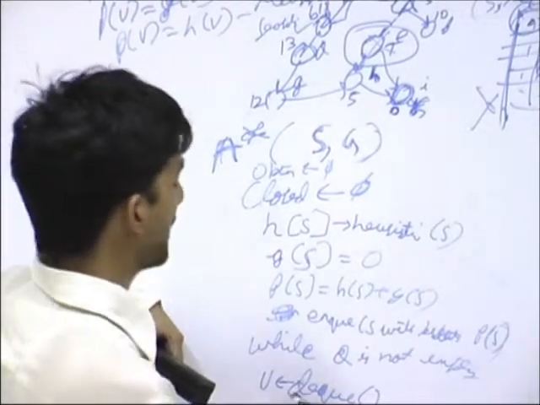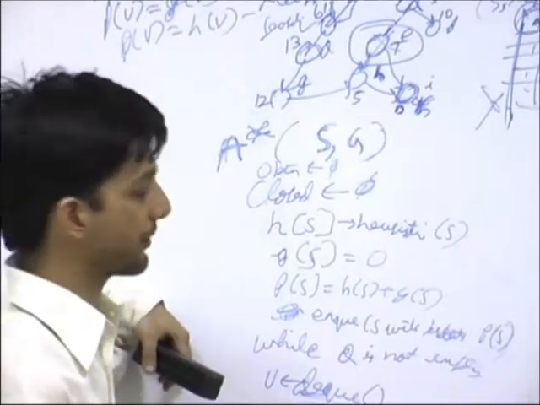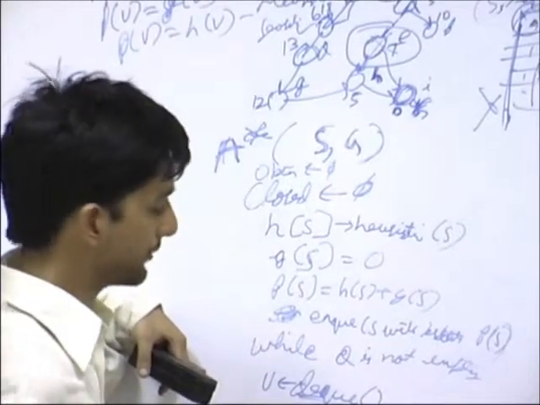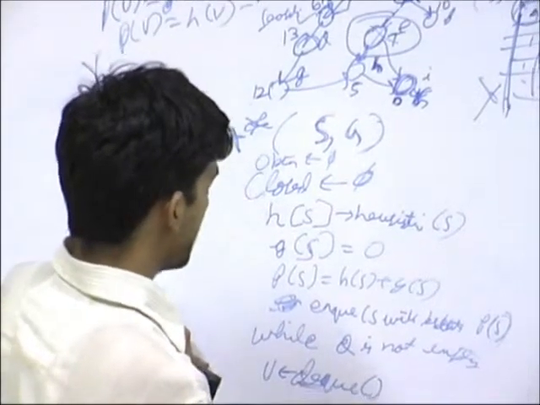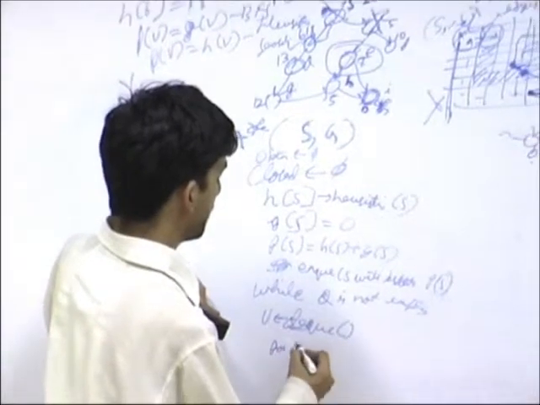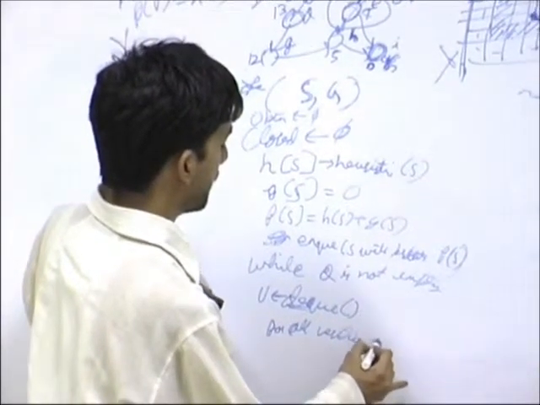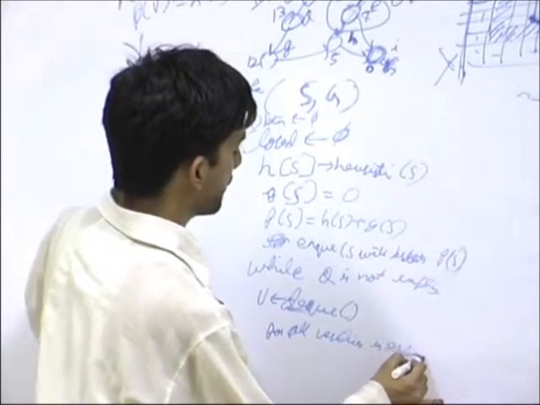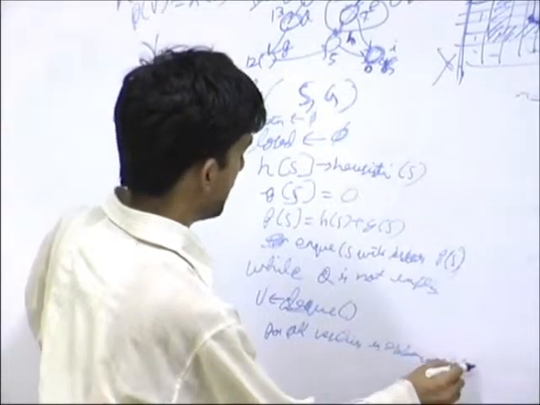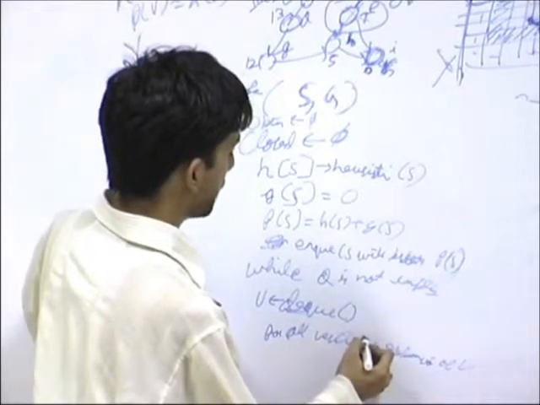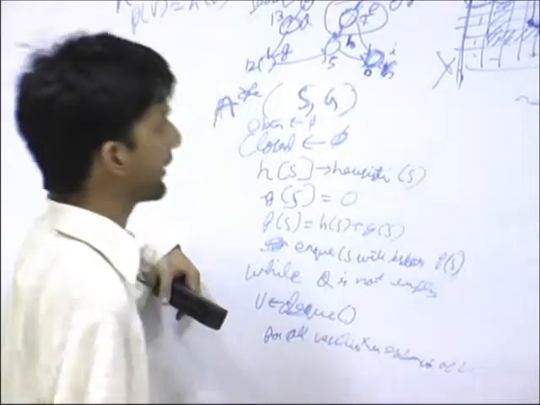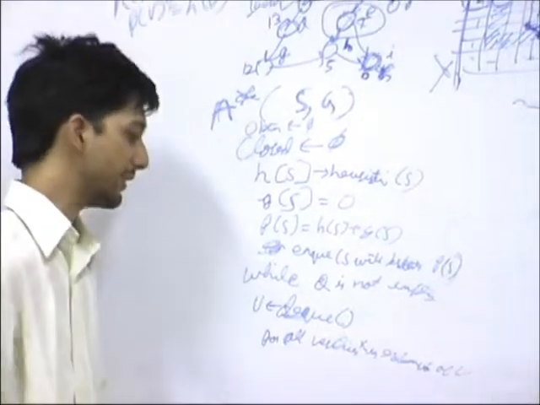I'm having a priority based dequeue operation where the lowest priority would be dequeued over here. I simply say for all vertices x that are there in the expansion of v.